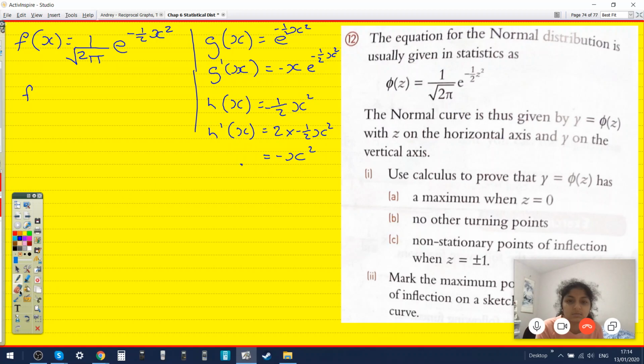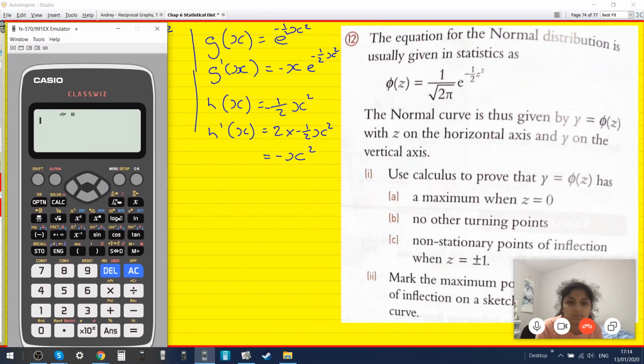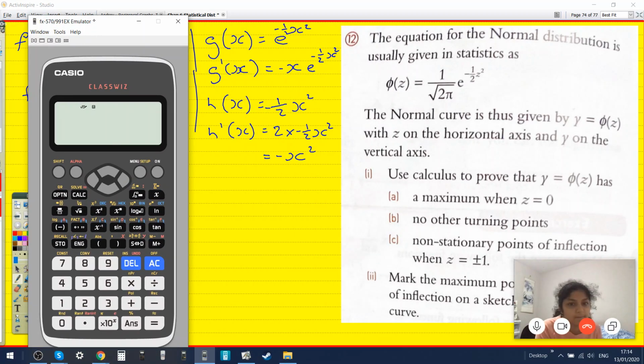It should just be minus x, not minus x squared. So I'm going to use my calculator to check. The reason why I'm thinking it is because the derivative of e to the x is still e to the x.